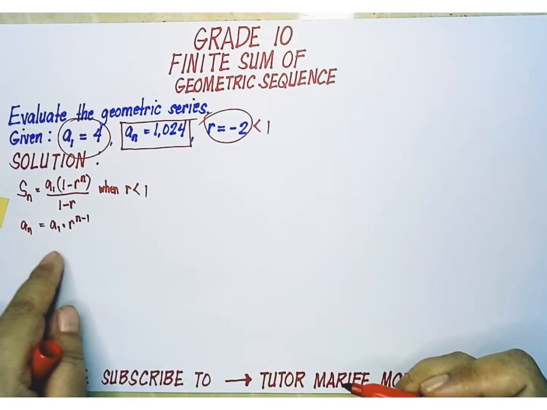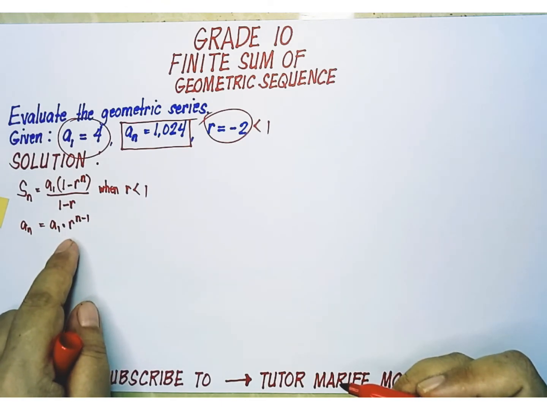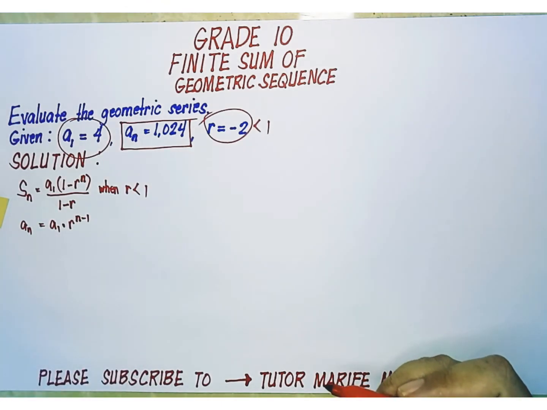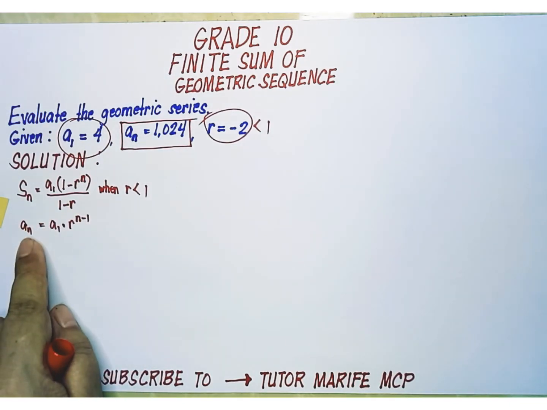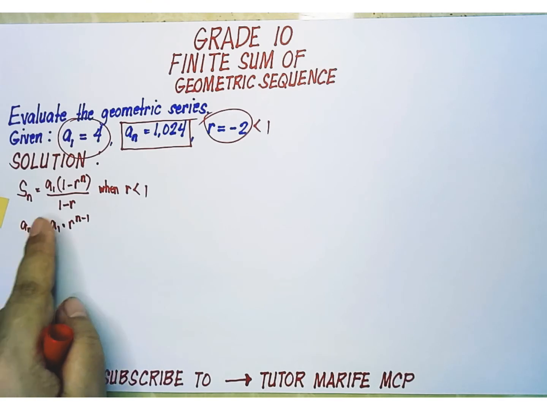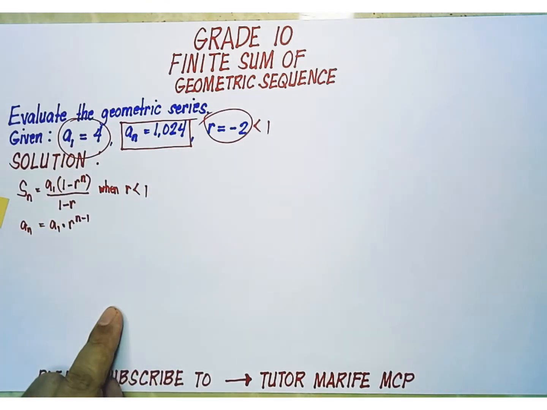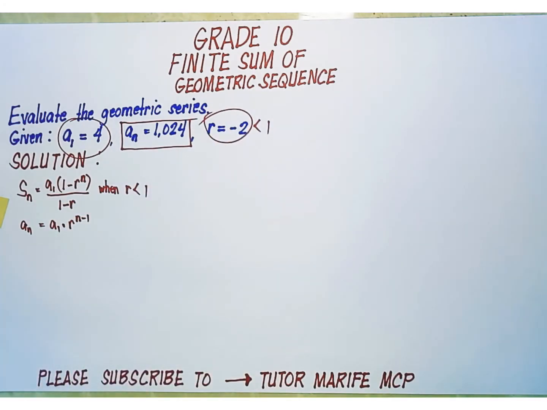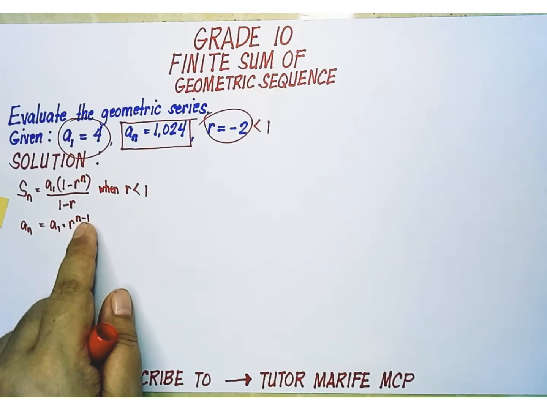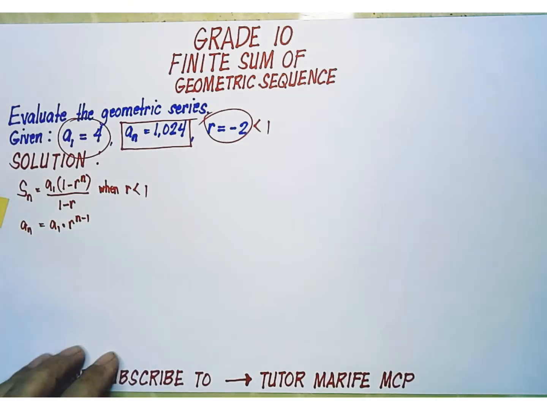And this is also called the general term of a geometric sequence. Using this equation, we know a sub n, it's given. We know a sub 1, it's also given. We know r, it's given. So, the remaining variable will be n. Therefore, we can solve for n using this equation.